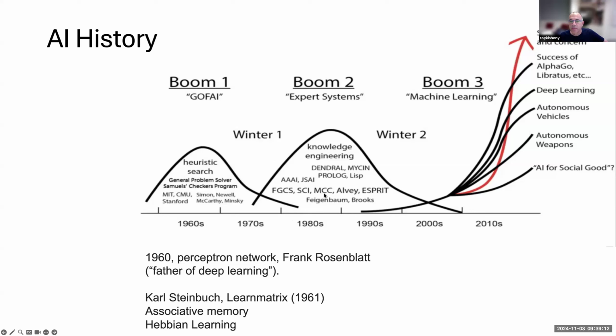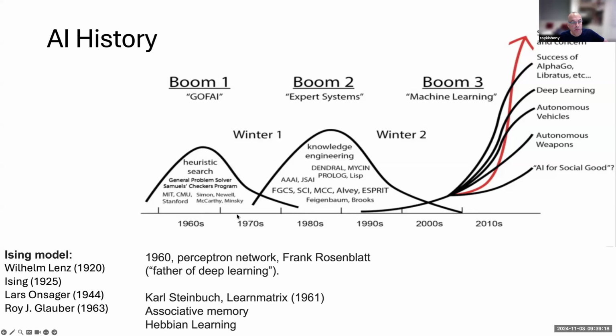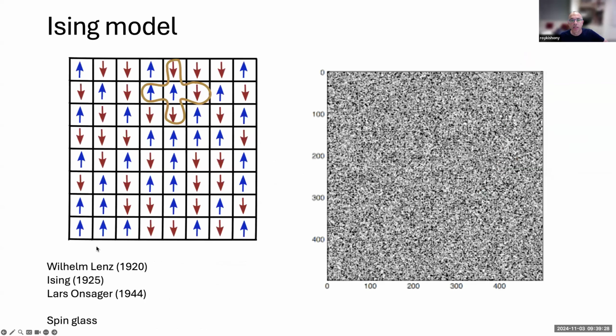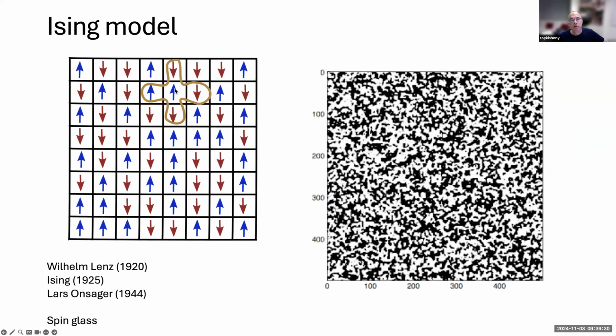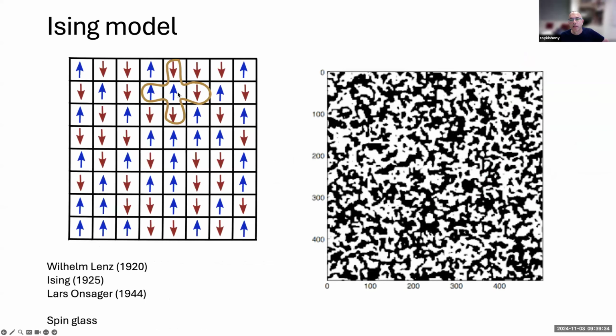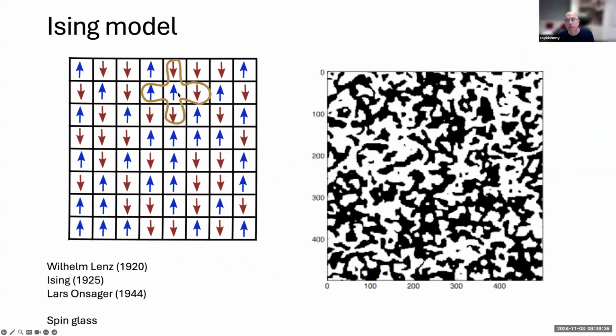But if you look at the paper, it is actually not inspired by this work. It is inspired by much earlier work in physics from the 1920s, what is known as the Ising model. And I want to show you that. The Ising model is essentially a network, a collection of spins, electron spins, that try to align to their neighbors.